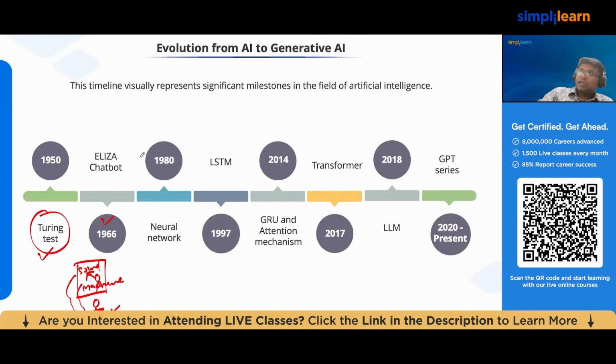Then in the late 1980s, there came the era of neural networks. The concept of neural networks came from the neurons in the brain, and it is trying to solve complex problems.